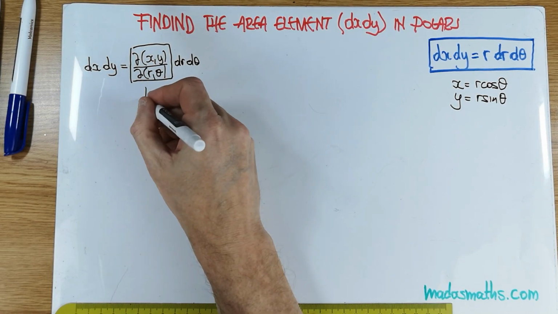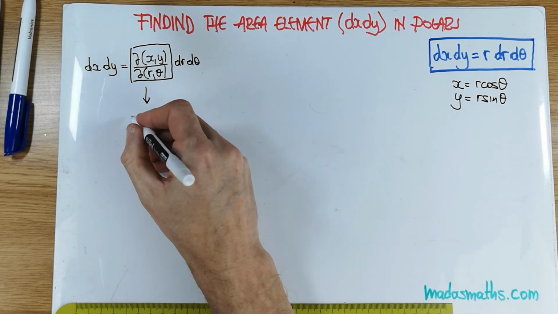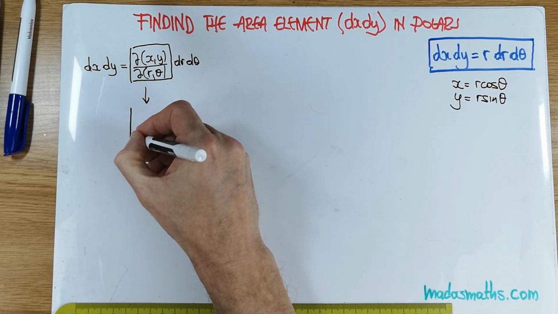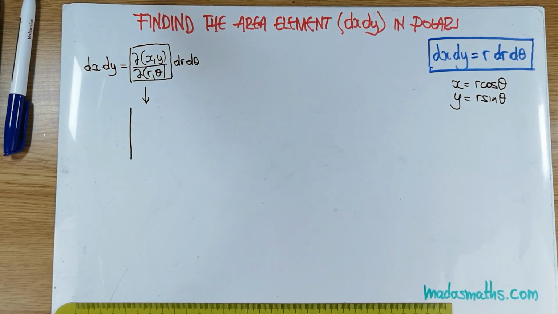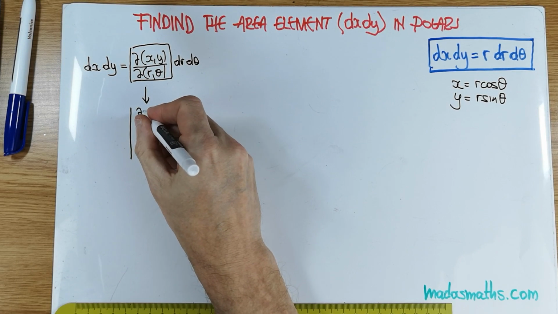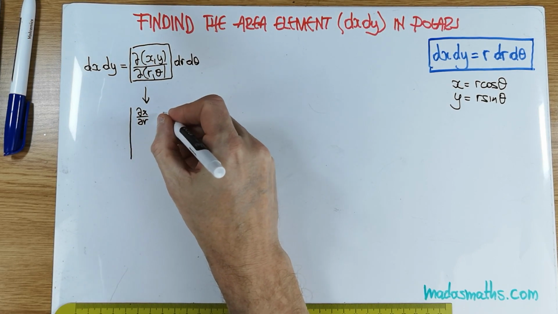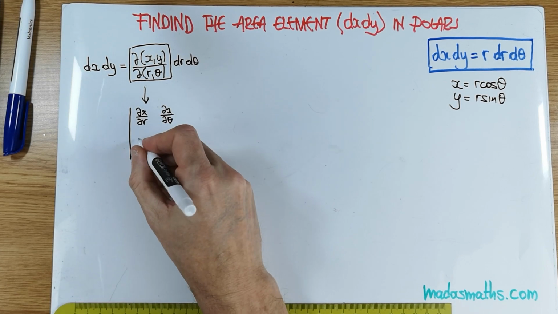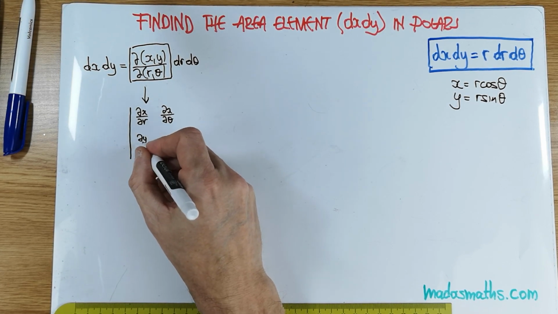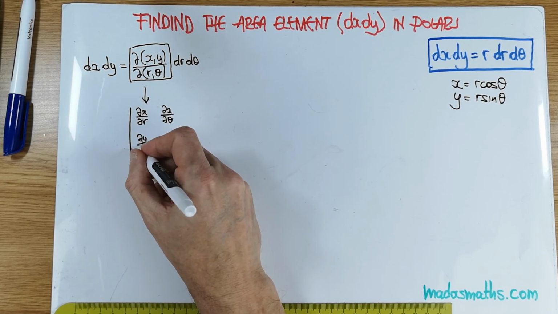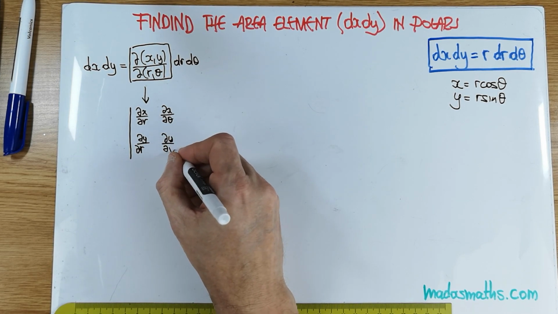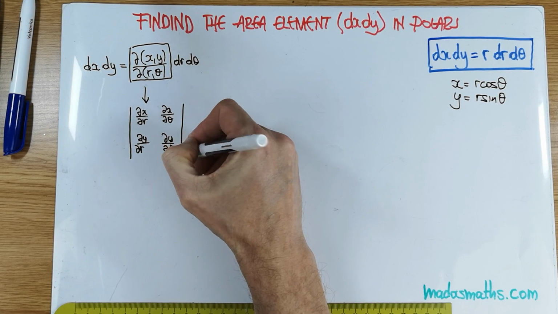So let's work out the Jacobian. That quantity here is a shorthand for writing this determinant, which is dx by dr, dx by d theta, and then we go dy by dr and dy by d theta. Got to excuse my cough.